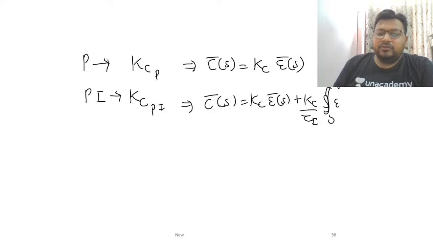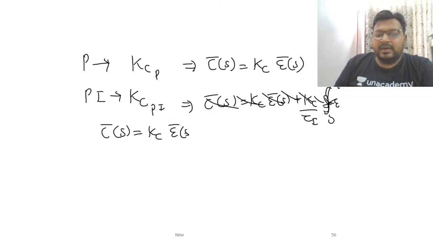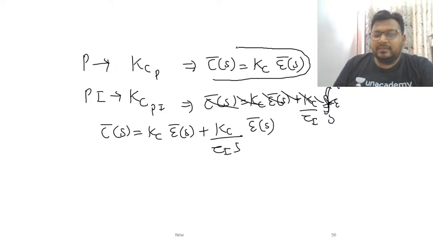In the Laplace domain, C bar S is equal to Kc into E bar S plus Kc by tau I s into E bar S. So guys, this is your P action and this is your PI action.